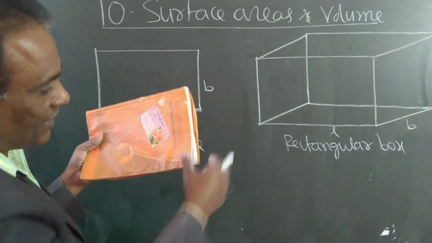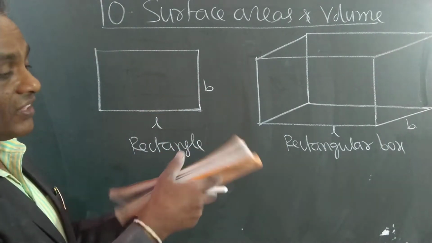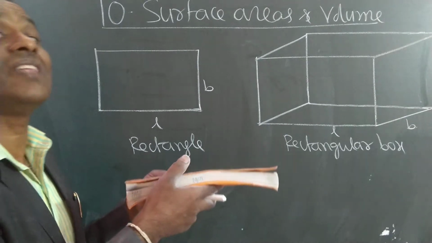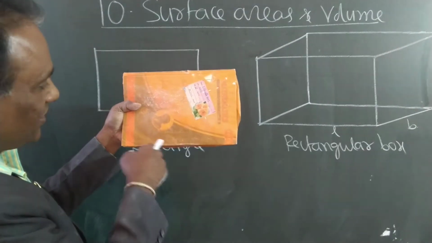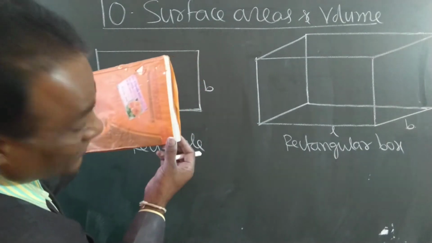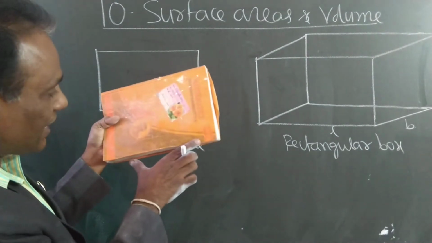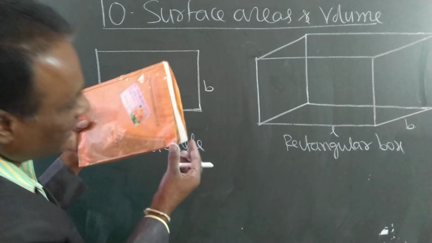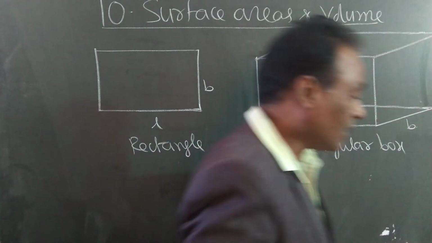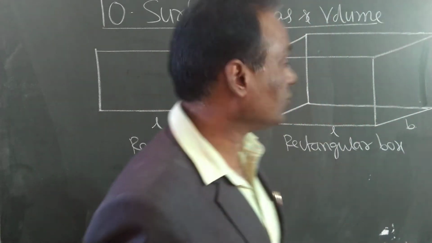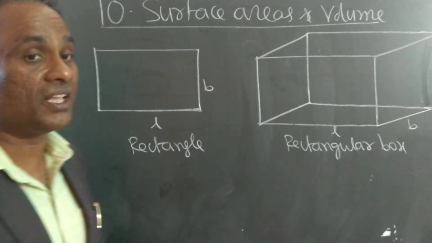It looks like a rectangle, but there is some thickness. So one dimension, another dimension and another dimension: three dimensions. Therefore, it is called a 3D figure.